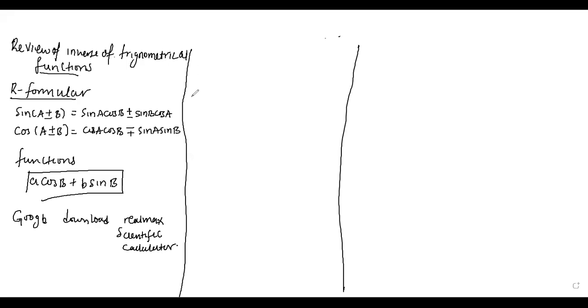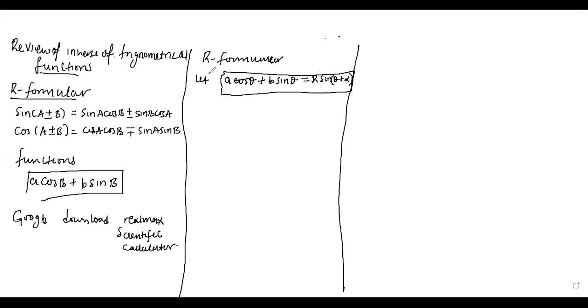I want to look for an example here so that we can start with it. But before we go for an example, the other formula states that if you have an expression A cos theta plus B sine theta, then you can let this expression be equal to R sine of theta plus another angle, say alpha. This is another key important definition in this identity.